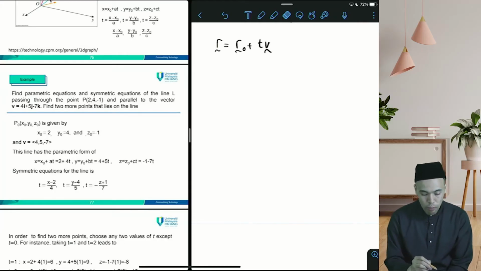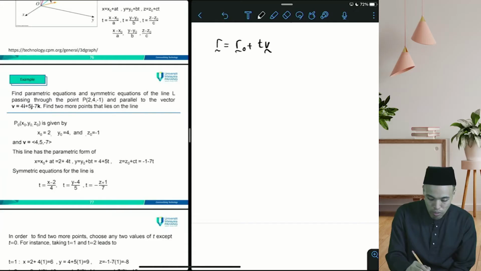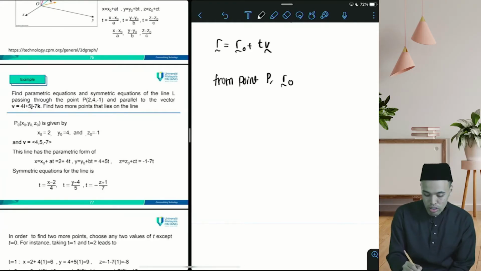As you can see, this line will be passing through a point P. Therefore, from point P, you can get r naught. The position vector r naught is known as (2, 4, -1).